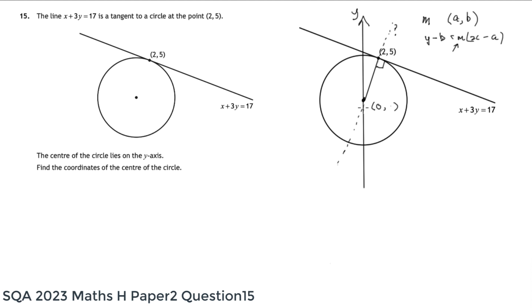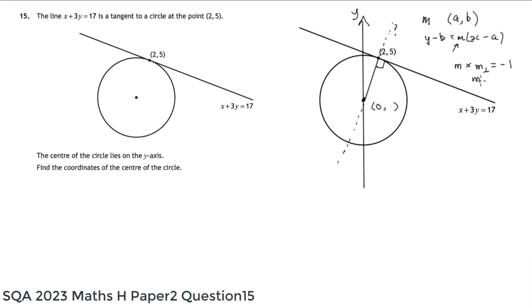We already know a point that's on it, (2, 5). And the gradient of this line that contains the radius is related to the gradient of the tangent, because the tangent is perpendicular to that line containing the radius. Remember, there's a result that says a gradient times the gradient of a perpendicular line will give you -1.